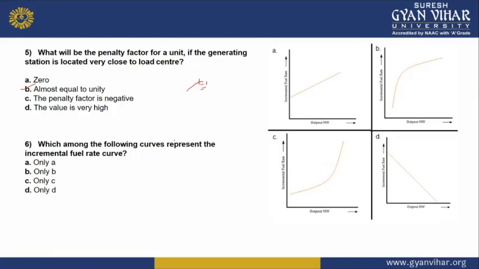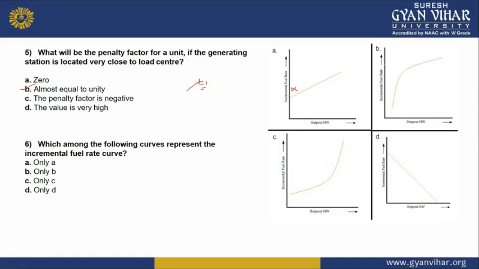So which among the following curves represents the incremental fuel rate curve? Yes, tell me the answer. Look at this curve. It is consistently linearly increasing. Okay, so it cannot be 1.